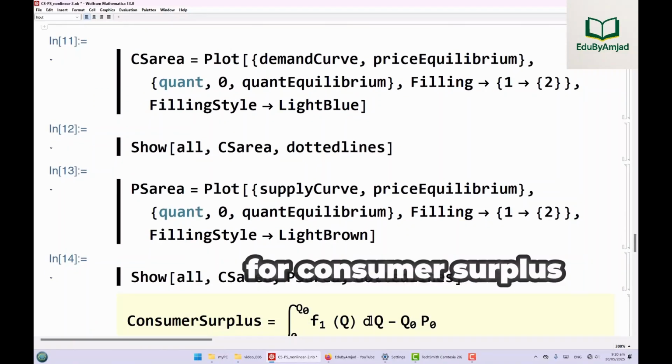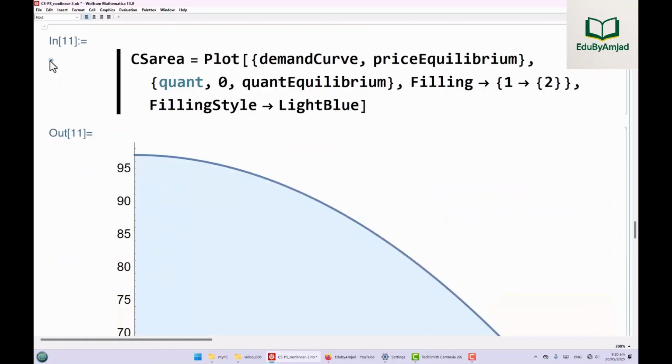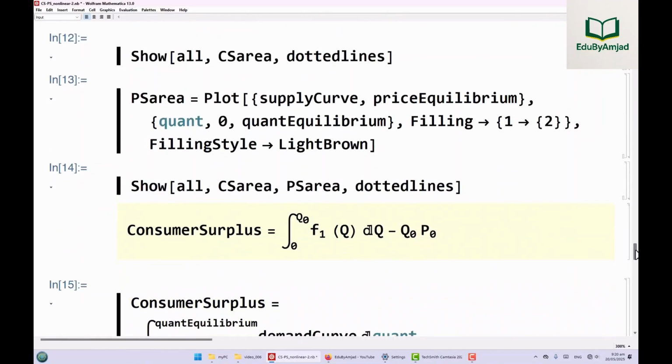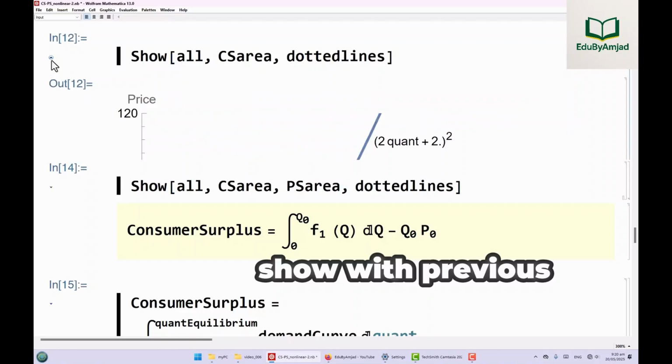Plot the shaded area for consumer surplus. Show with the previous diagram.